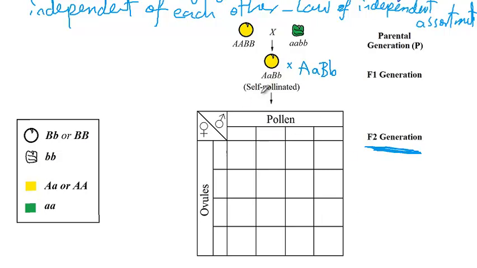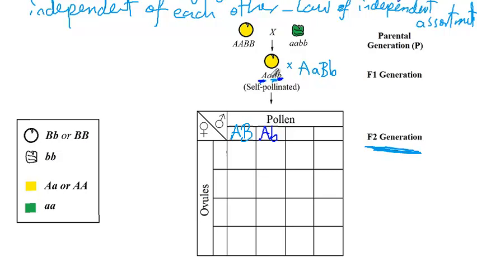So let's show the type of pollens and ovules that we will get during this cross. For the very first one, we have a capital A and capital B. That would be the first combination, so AB. Then the next combination that we can have is capital A with the other gene and lowercase b, so Ab.